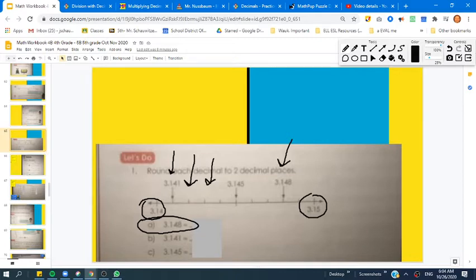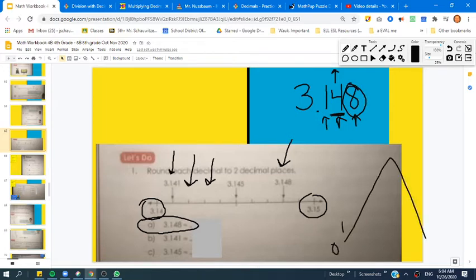So if we wanted to put that as two decimal places, boys and girls, we would just have to look at this number, 3 and 148, tenths, hundredths, thousandths, okay? The 4 is actually going to change to a 5. It's going to go up because this 8 right next to it is a larger number, okay? If we have a mountain, for example, we have 0, 1, 2, 3, 4.